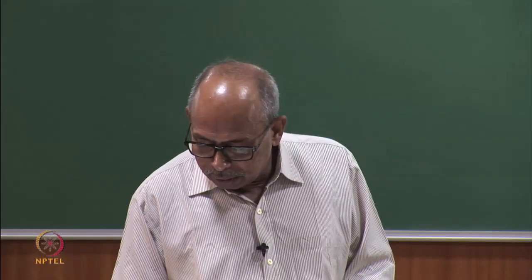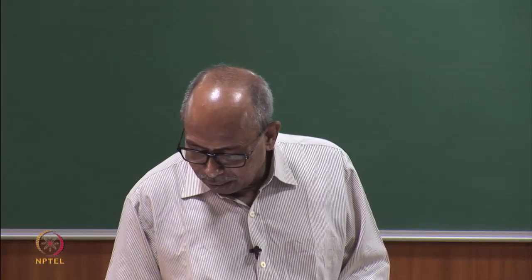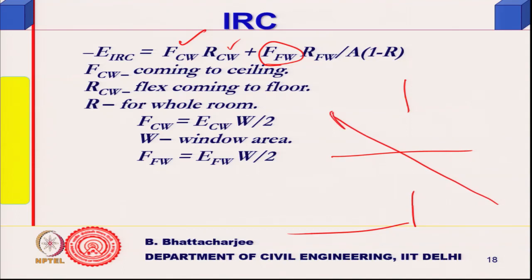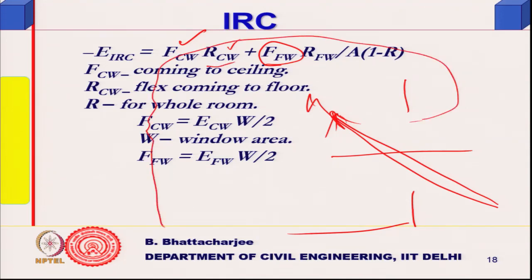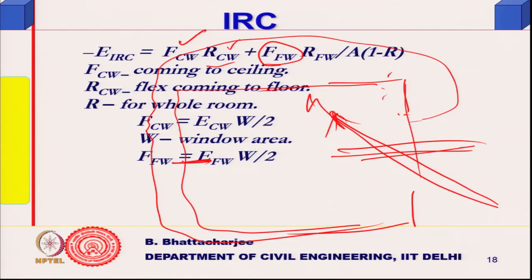FCW is the one which goes to the ceiling, so the one that is coming from the ground goes to the ceiling, first reflection. Then I consider the reflectivity of the top half of the room, leaving this wall, above the mid height of the window. So, reflectivity of all the walls, ceiling, etc., I calculate up to this wall, do not consider this. So up to this I calculate the average reflectivity.